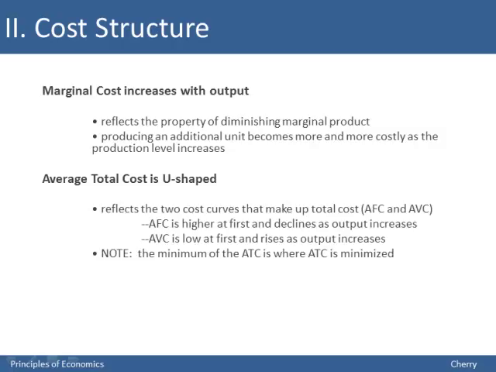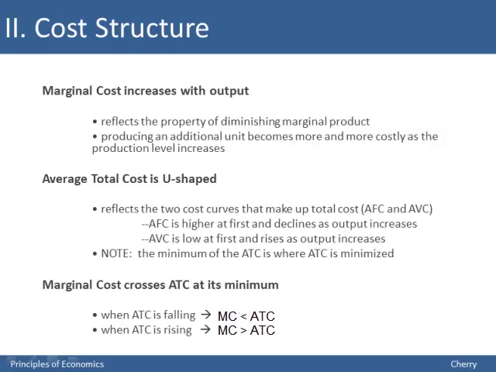And what we can do is put all of this up on one slide so you can have it in writing. First, the marginal cost increases with output. We talked about that and how that's driven by the diminishing marginal product. And then we have average total cost, which is U-shaped, and that's because it's a combination of average fixed cost and average variable cost.